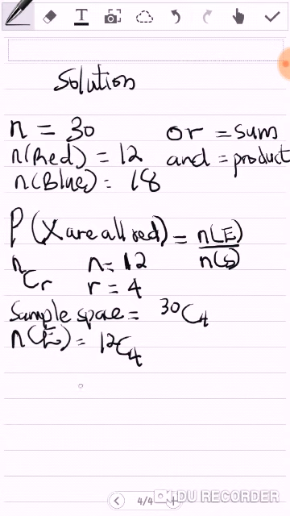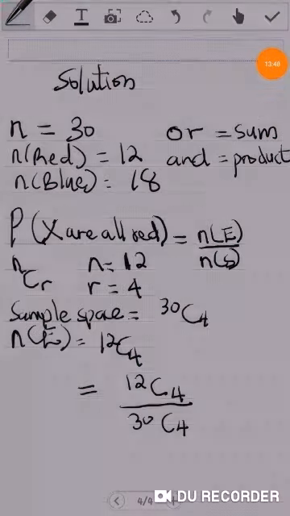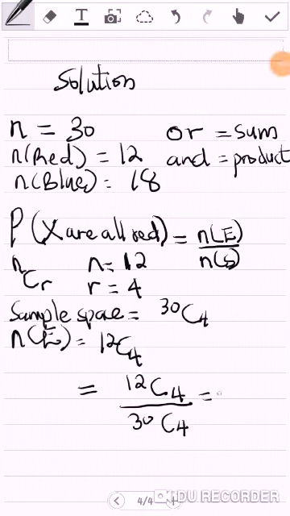So the whole thing will be 12 combination 4 over 30 combination 4, which is equal to 11 over 609. Here you should use a calculator because it will be too long when you are using the formula itself. I hope you are going by it.